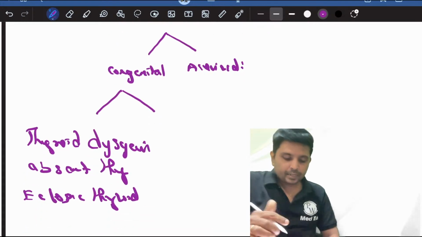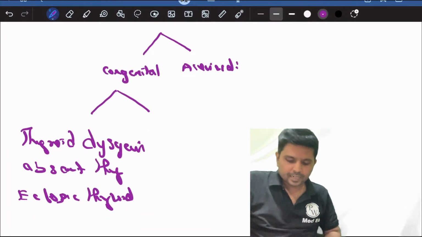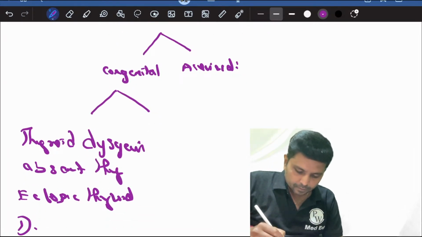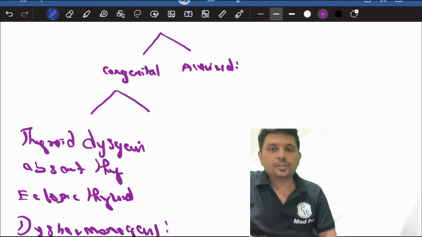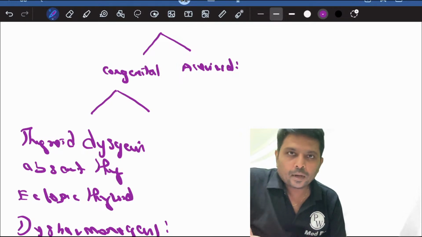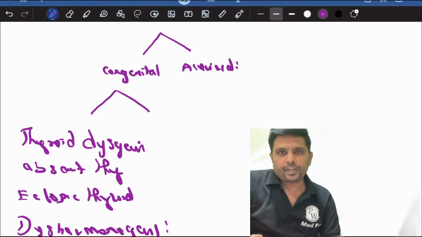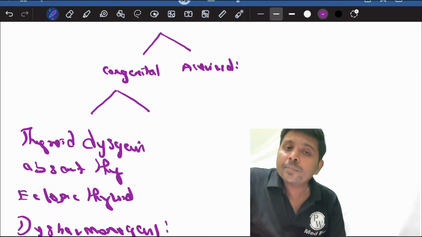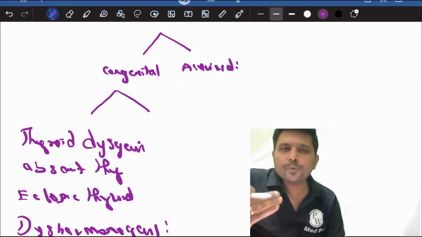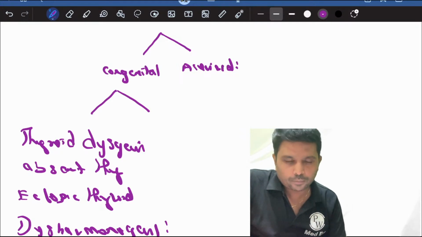or it can be dyshormonogenesis. What do you mean by dyshormonogenesis? You know, thyroid peroxidase, iodinase, deiodinase, iodine trapping, so many things are happening during the formation of thyroglobulin.